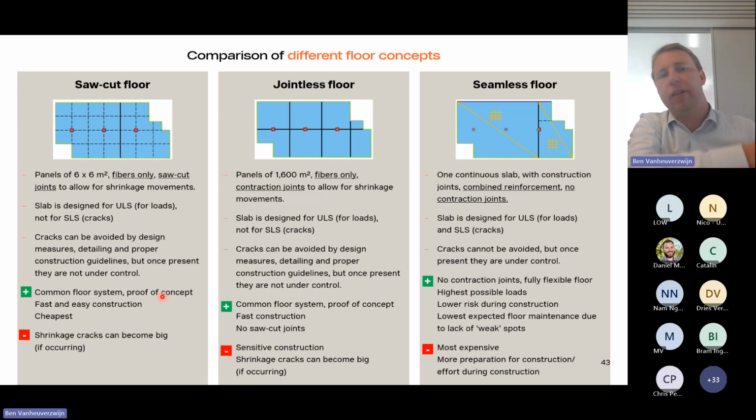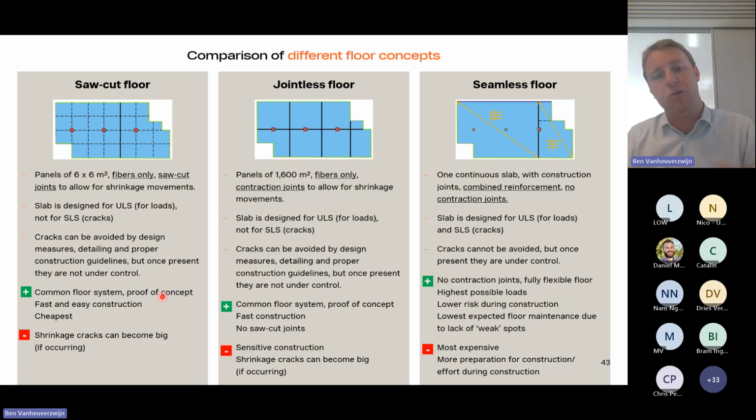The socket floors are very simple, socket 6x6, the most common type of floor, the lowest initial investment, but in the long term can be more expensive. The jointless floor is somewhere in between. We are removing all the sockets. We have big panels of 30 by 30, 40 by 40 meters. Investment cost can be very similar to the socket floor because in a socket floor you have to take into account also the weak spots in your design.